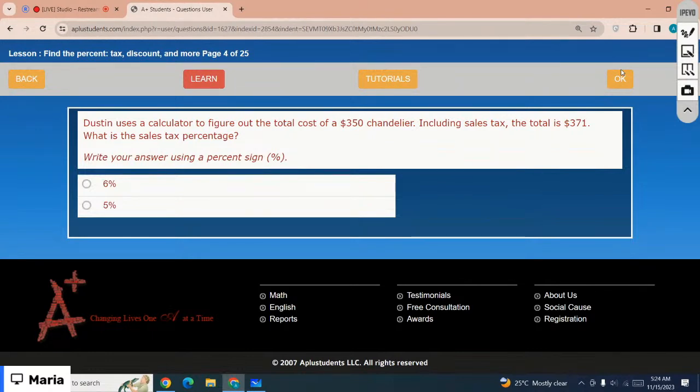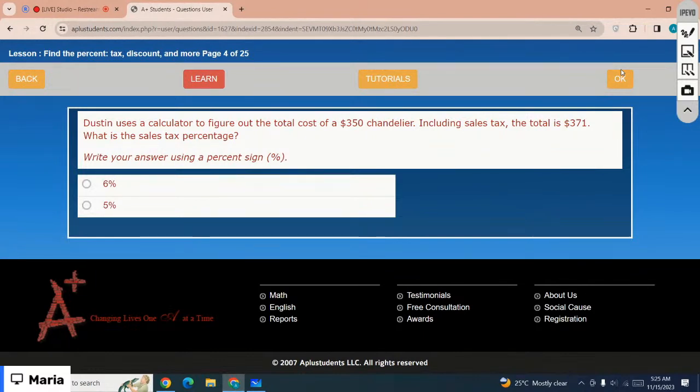Calculate the amount of change. 371 minus 350 is 21, right?